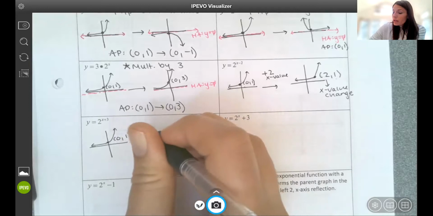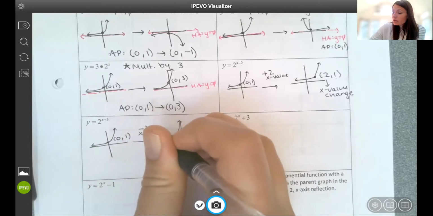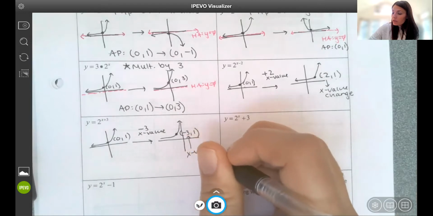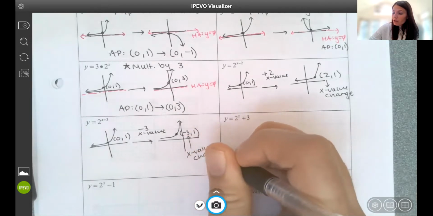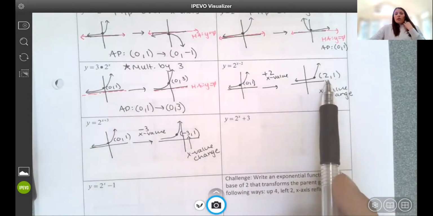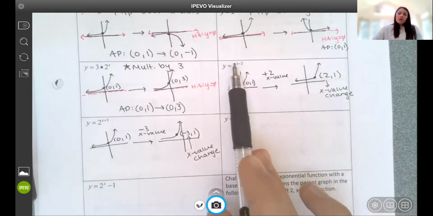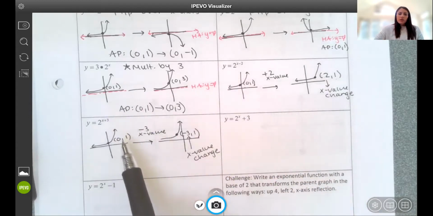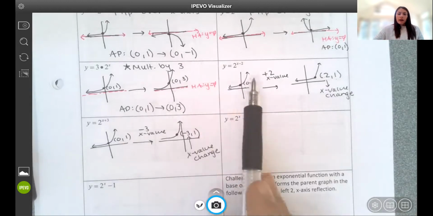Okay, or it's subtracting 3 from the x value, and it's only the x value that changed from my anchor point. Okay, so 0, 1 became 2, 1 when I subtracted 2 from my exponent, and when I add 3, becomes -3, 1.